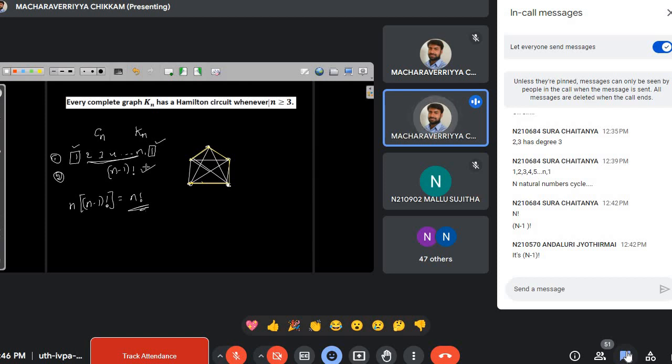If you treat the starting point as different, then fine, I can say n factorial. But these are all isomorphic. If you observe, all these n factorial Hamilton circuits are isomorphic. You will get a cycle. That's it.